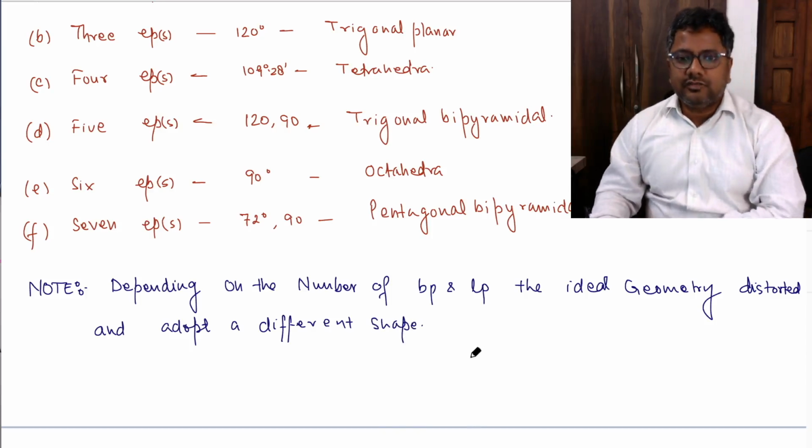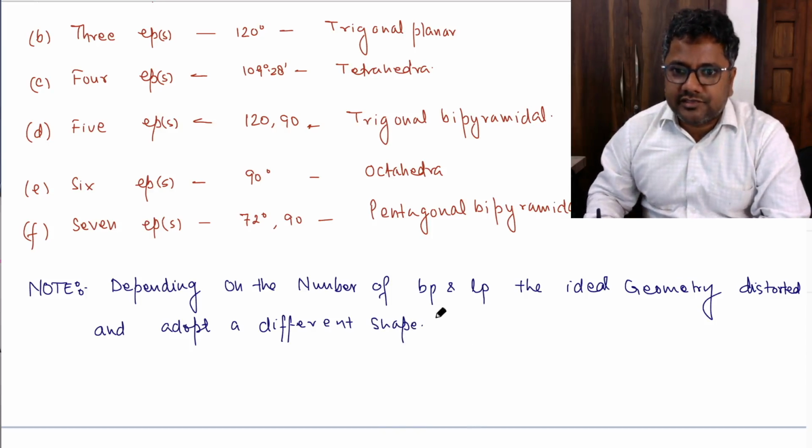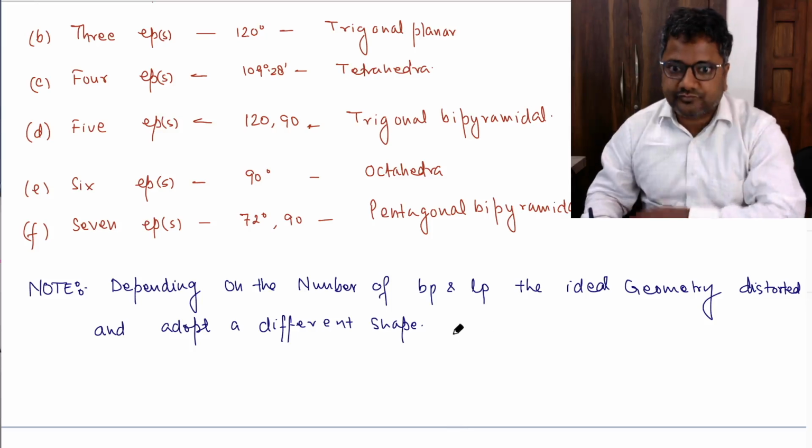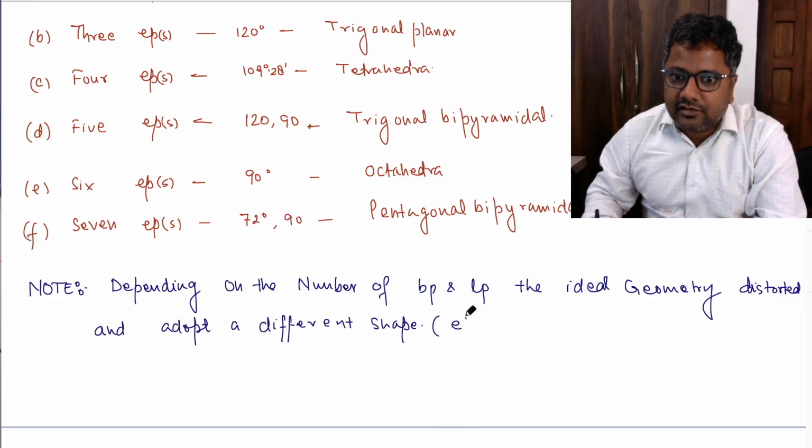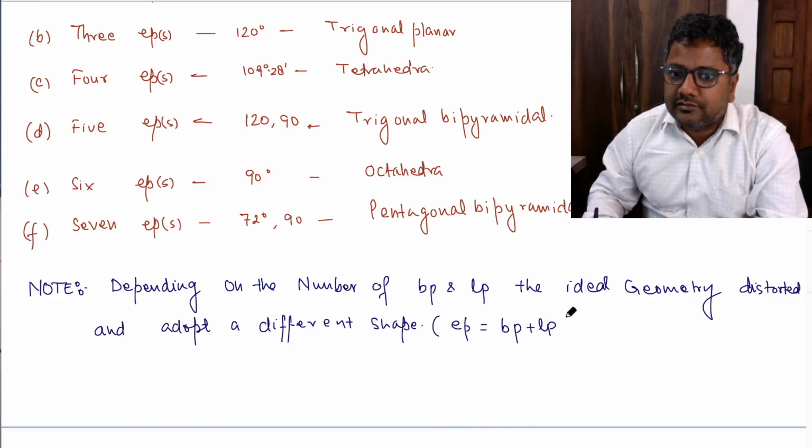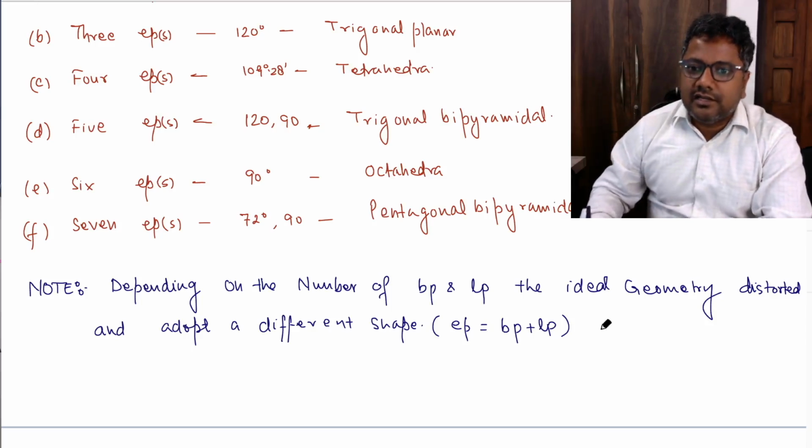And this is due to the different kinds of repulsions, right? Because electron pair is equal to bond pair plus lone pair, right?